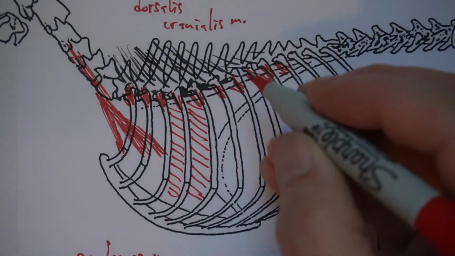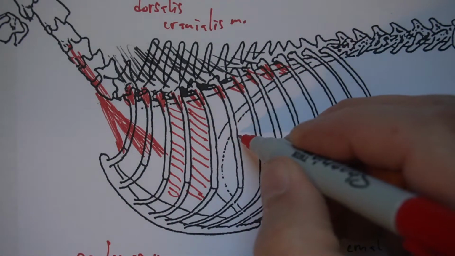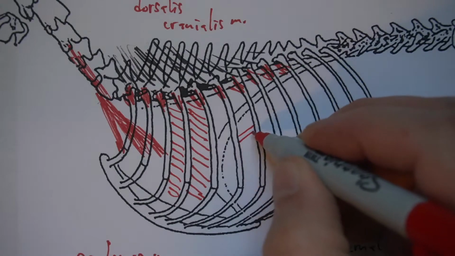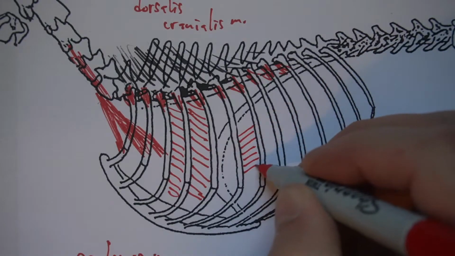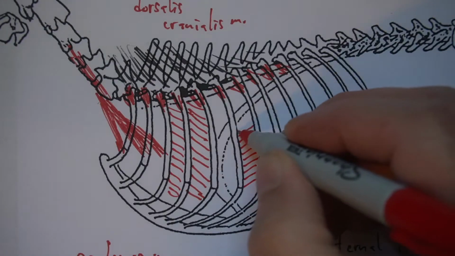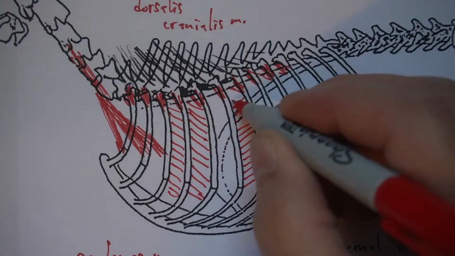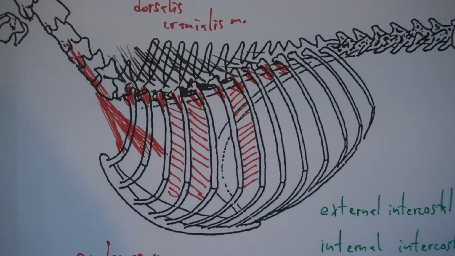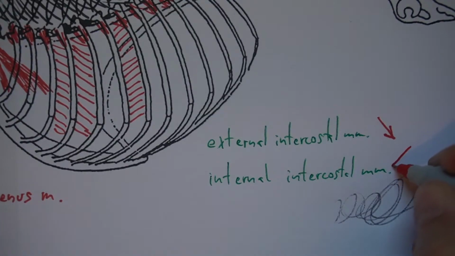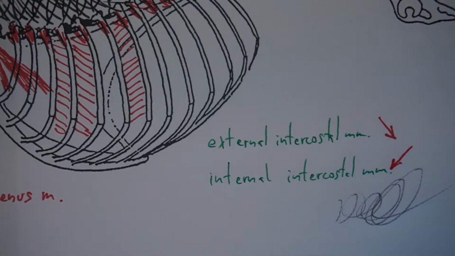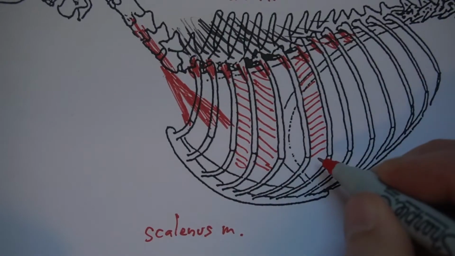When you tear through those, you're going to see the internal intercostal muscle with fibers oriented opposite to the externals, so the internal intercostal muscle will have fibers oriented in a cranioventral direction, just like we have them drawn.